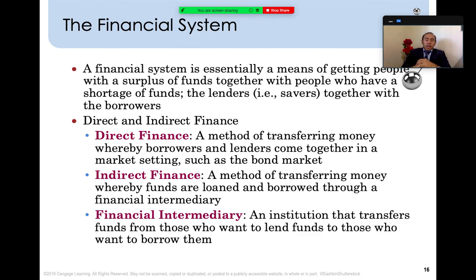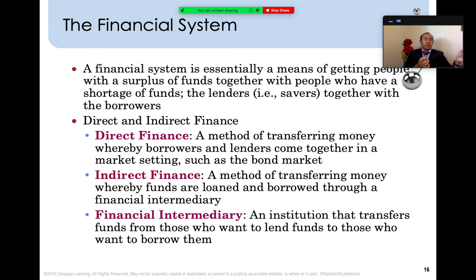The financial system is one of the most important factors that we have. It essentially facilitates the amount of investment and the amount of transactions that take place. The financial system in the United States is essentially a means of getting people with a surplus of funds, considered to be the savers, together with people who lack funds or have a shortage of funds, and facilitating those transactions.